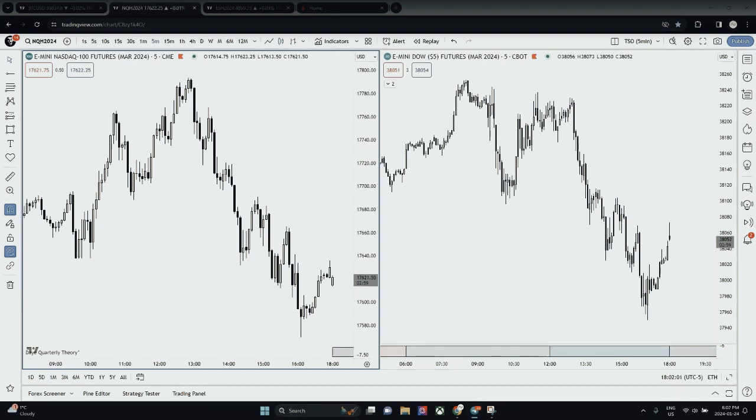You need to understand that not all of these concepts can be used in every single price swing. Certain conditions need to be met for these things to work.